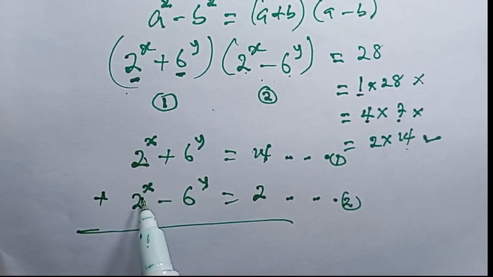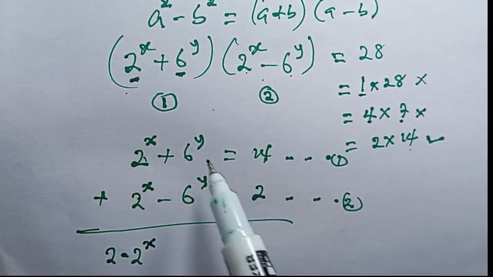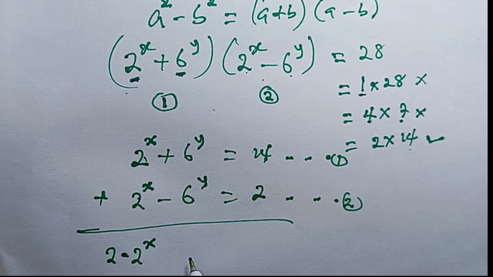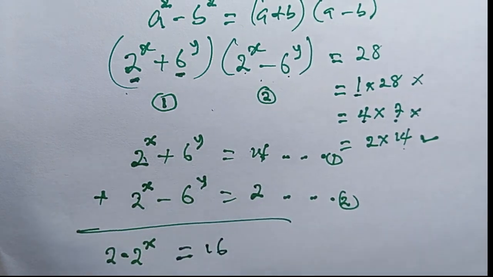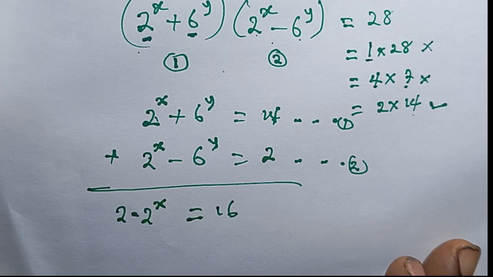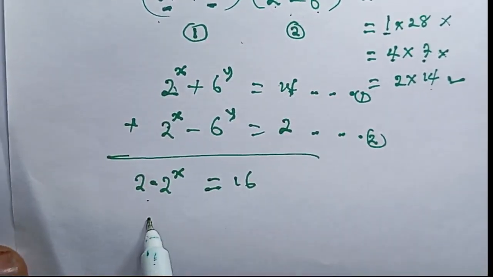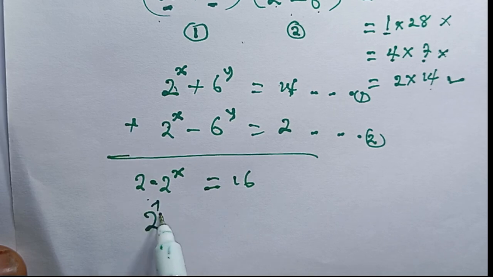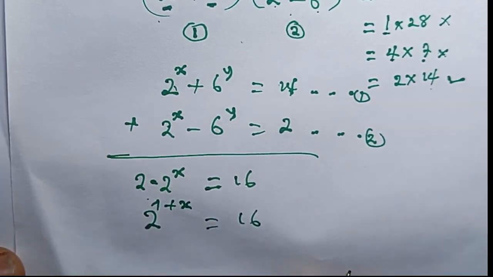If we do that, this plus this will give us 2 times 2 power x, and then this plus this will be equal to 0. This will be equal to 14 plus 2, which is 16. Then of course, using the rule of indices, we can write this as 2 power 1 plus x is equal to 16.